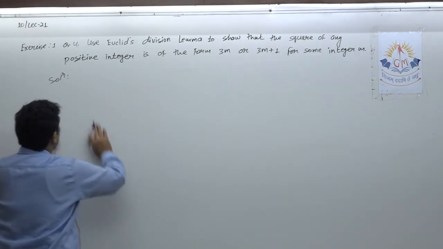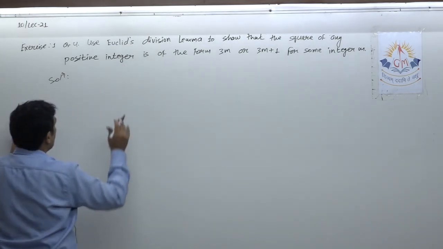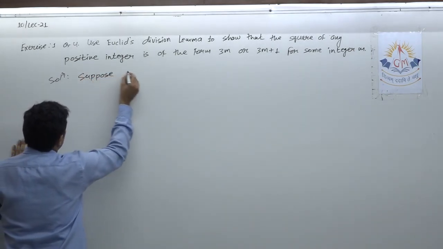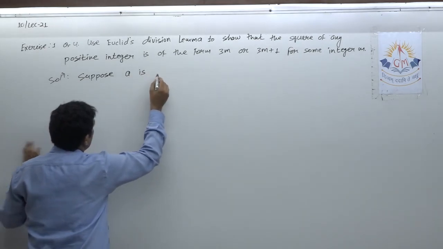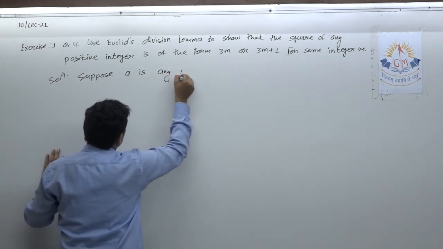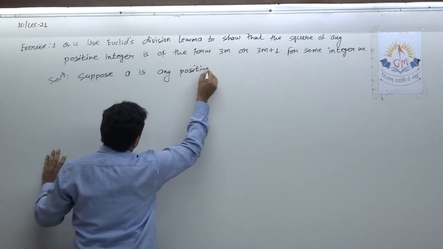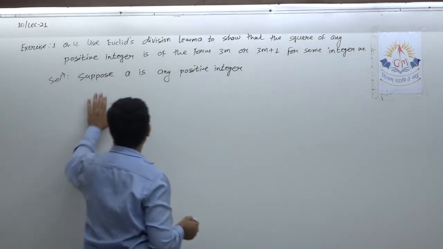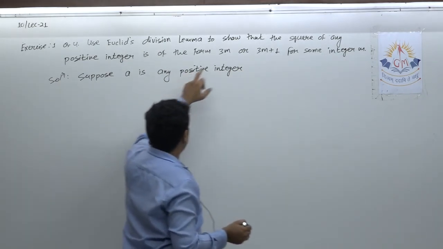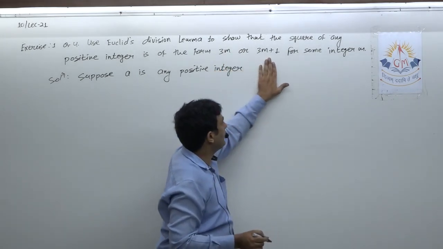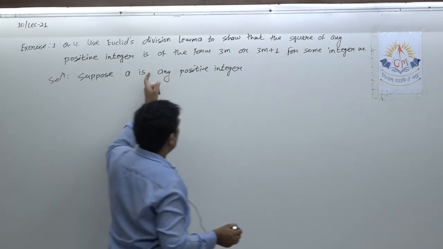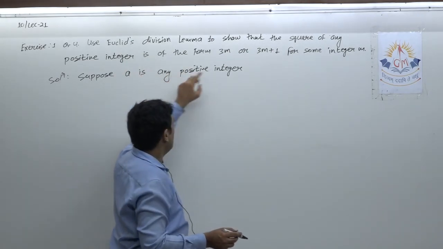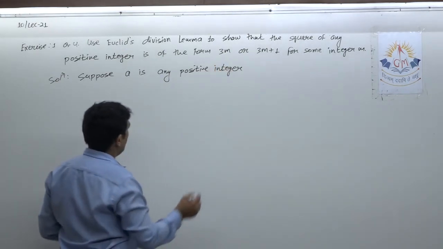Okay, so we'll start. See, we have to use the Euclid division algorithm or lemma. Suppose A is any positive integer. Now when A is equal to 3m or A equal to 3m plus 1, we have to show that the square of that number is of the required form.